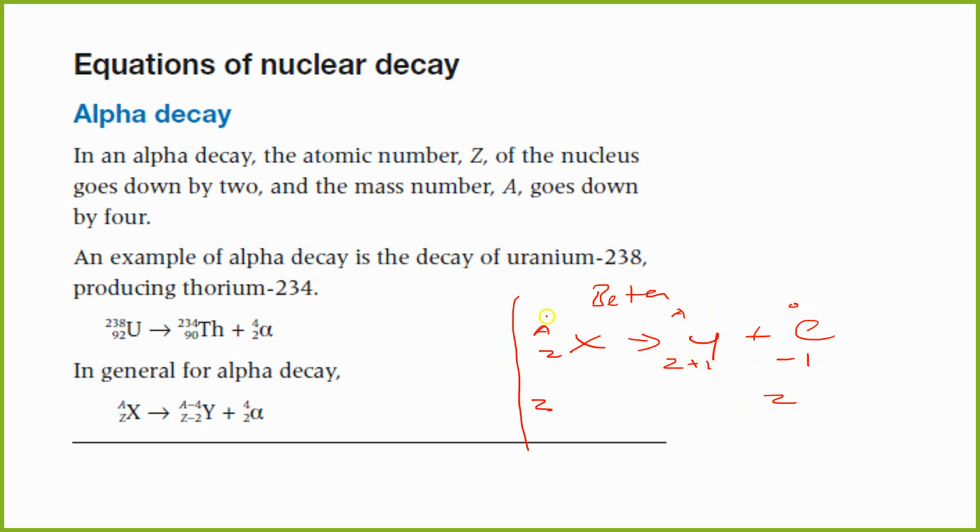One typical example for beta is when you have carbon-14. And carbon-14 is a very important one because remember we were talking about the whole thing about carbon dating, right? This is what happens whenever carbon dating is occurring.